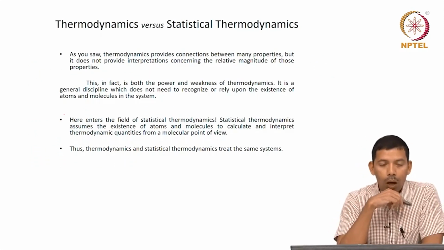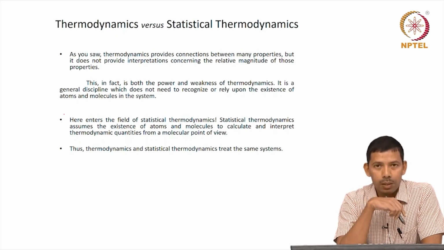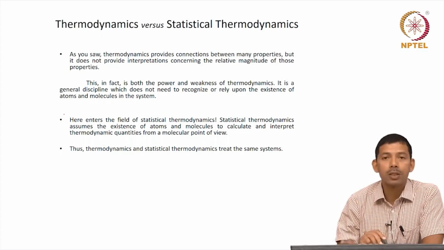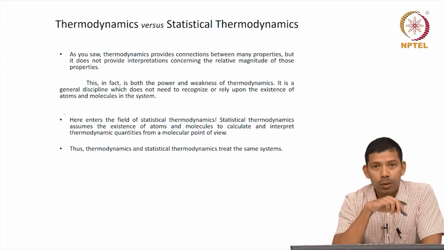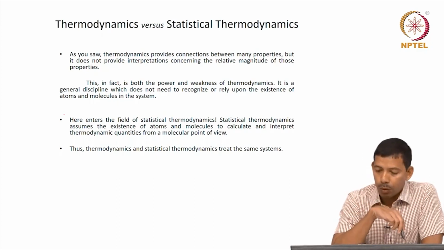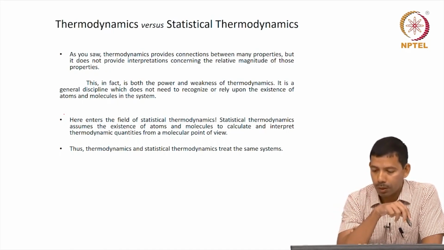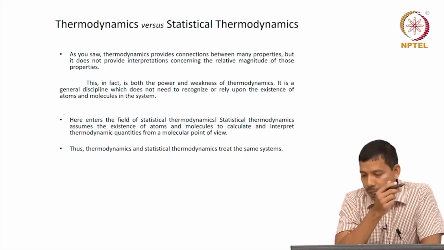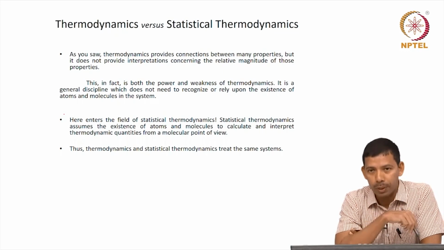So, how is statistical thermodynamics different from classical thermodynamics? As you saw, thermodynamics provides connection between many properties. One of the equations we will be using in a few minutes is delta G equals delta H minus T delta S. That expression gives a relationship between free energy, enthalpy and entropy.